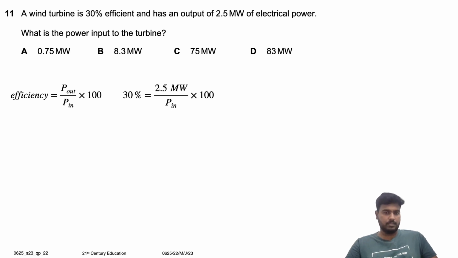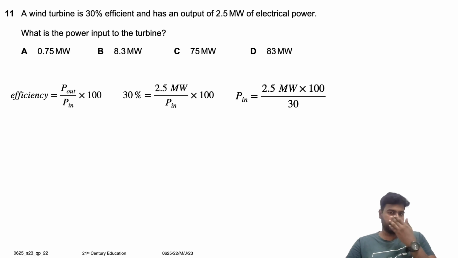So 30% is equal to power out, which is 2.5 into 10 power 6, divided by power in, into 100. If we rewrite this equation for power in, bring power in to the left hand side and move the 30 to the denominator of the right hand side, then we get 8.3 megawatt. We do not need to write 10 power 6 because the answer is also in megawatt. So 8.3.